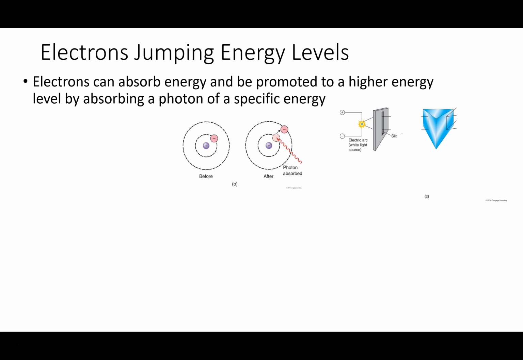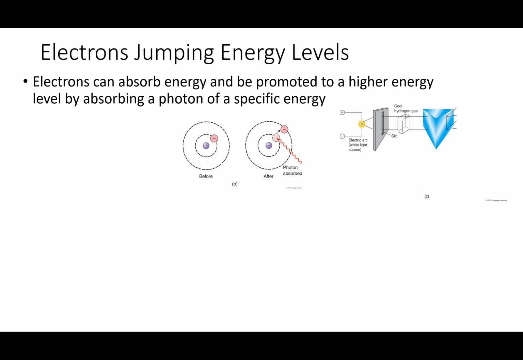Now, there are some cool things that happen with regard to elements. In this little experiment, I've got hydrogen gas. What's the symbol for hydrogen? What's the letter symbol? H. Yep, H is hydrogen. If we had a hydrogen gas, because of its specific electrons, it would give a fingerprint for hydrogen.